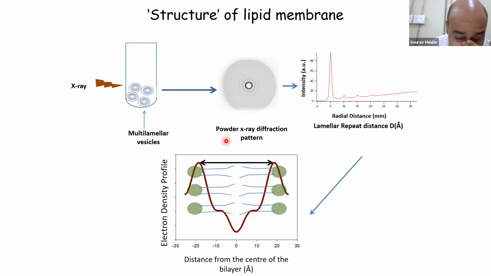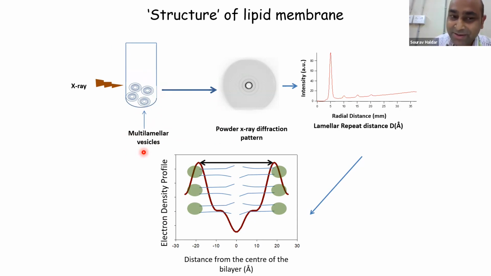In that experiment, we take lipids in aqueous dispersion. When we take lipids in aqueous solution, invariably they will form what are known as multilamellar vesicles. They don't form unilamellar vesicles. There is a reason for that.